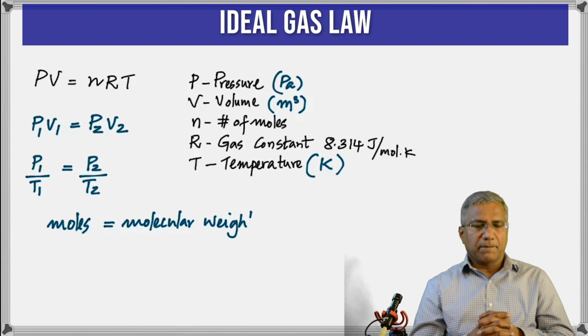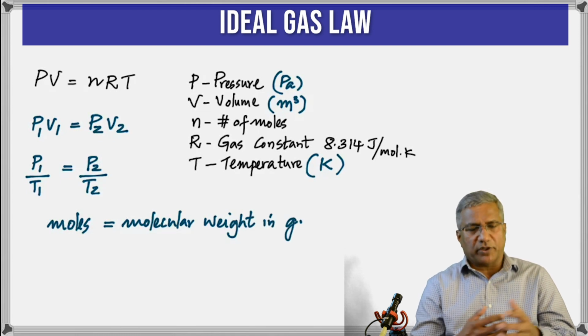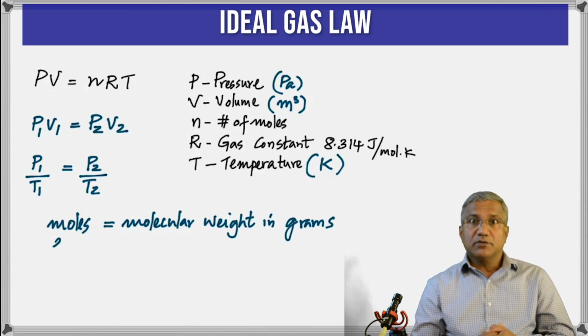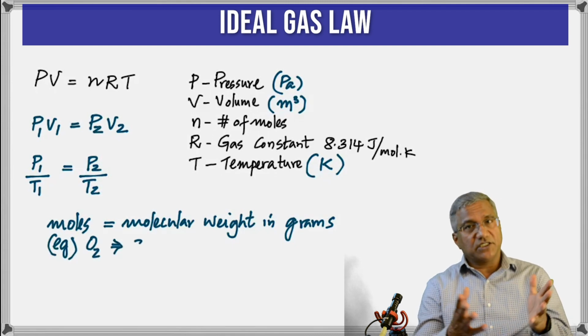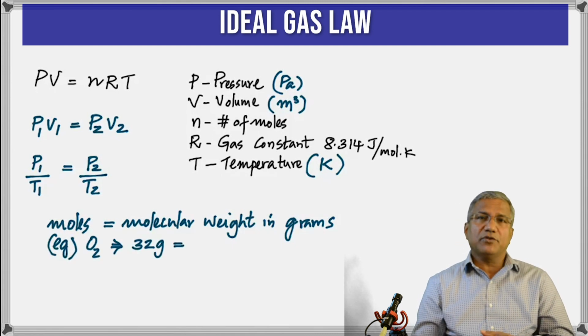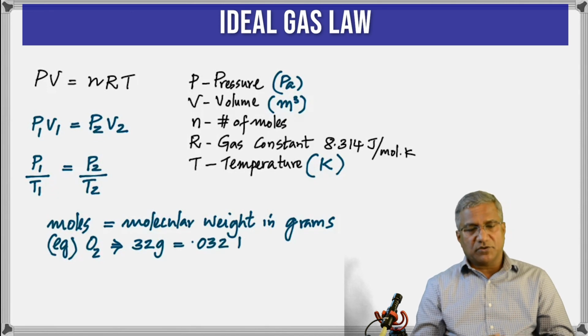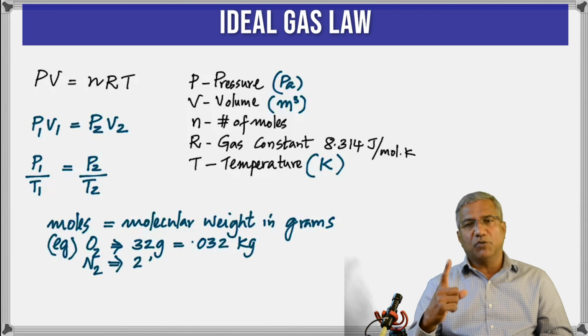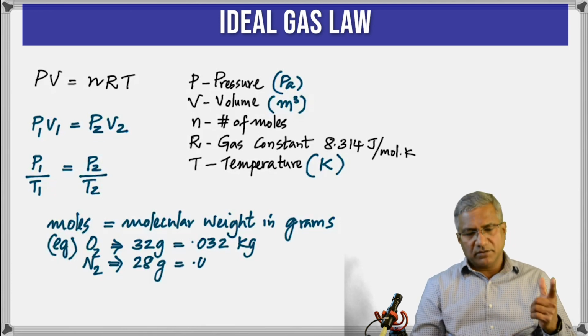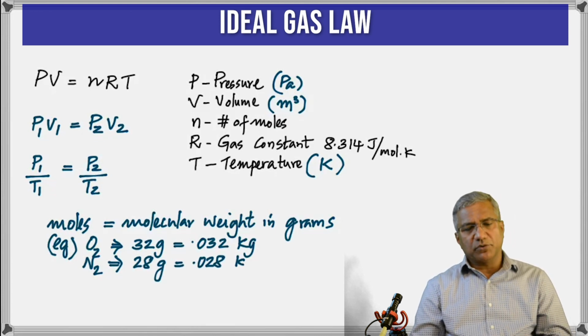Now, moles, I've told you, I'm writing it down. Moles is, you remember, molecular weight in grams. Oxygen, the same examples that I gave you: 32 grams, which is 0.032 kilograms, is 1 mole. Nitrogen would be 0.028 kilograms.